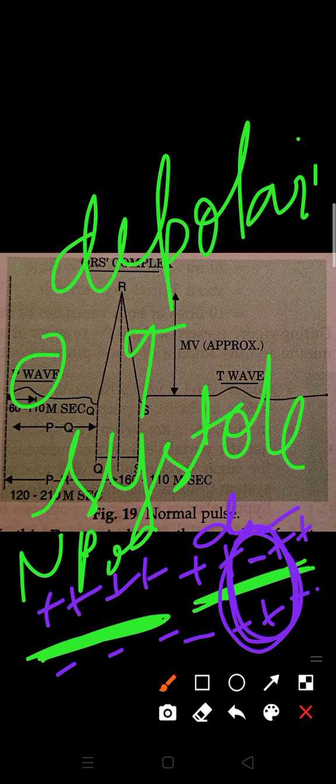When contraction starts at atrial systole in both the right and left atria, that is when depolarization takes place, and it is indicated by the P wave. The P wave lasts for a very small part of a second, 60 to 110 milliseconds. Are you getting that much?